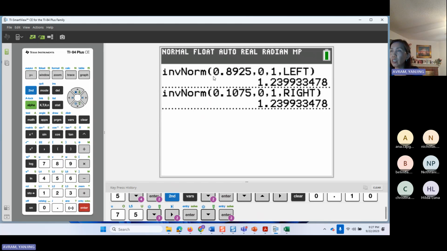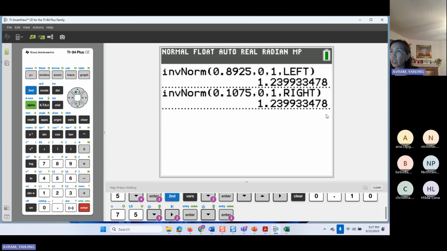So I have this inverse norm, which is finding the Z-score. I have 0.8925, which is the area to the left. But since I have a newer version of the calculator, I can just type the area to the right.